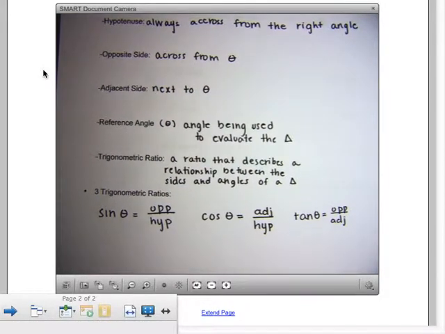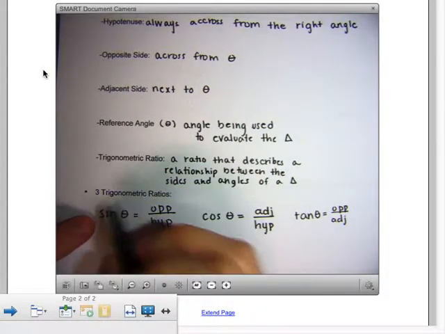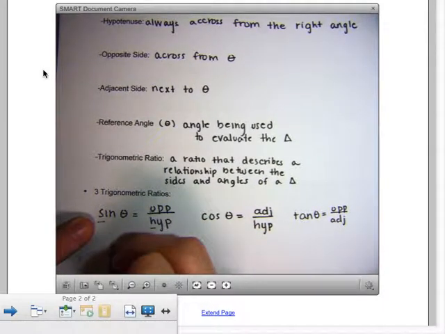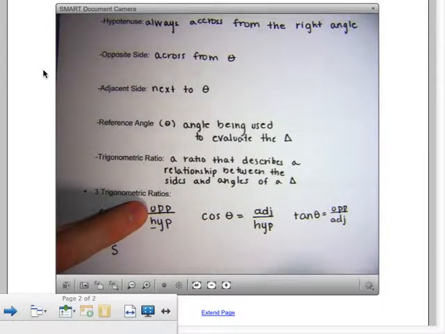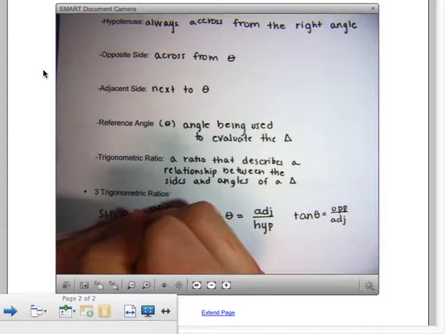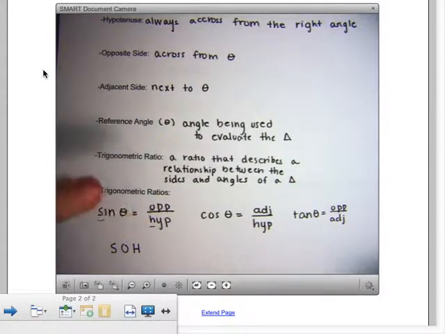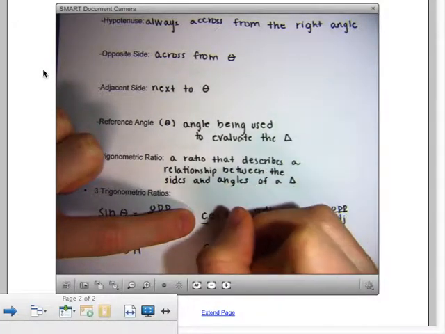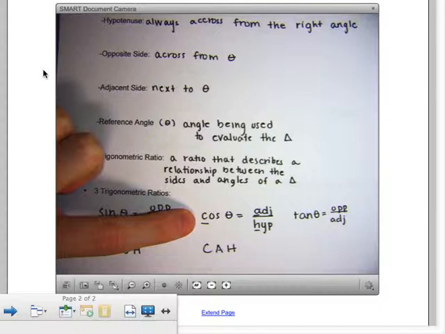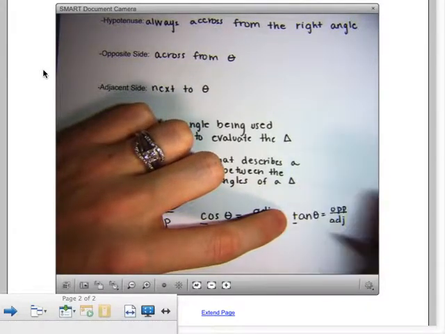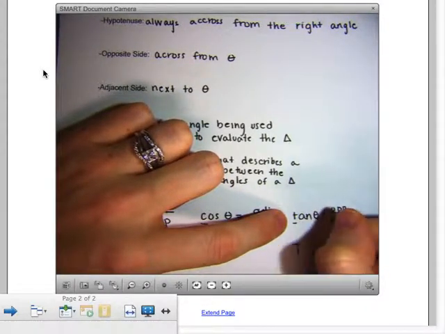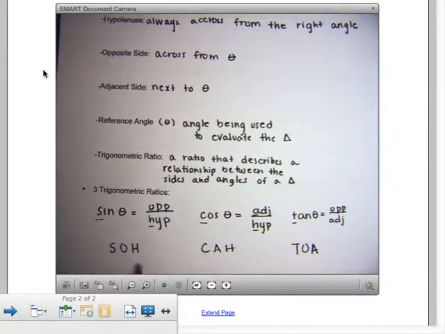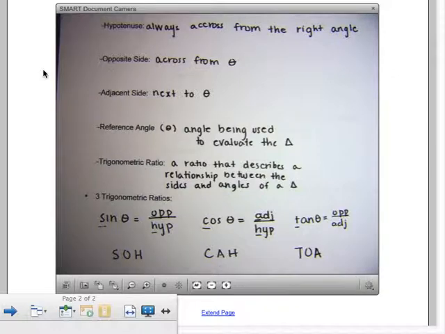Okay, a way to remember them. So if we look at sine, let's just look at the first letter of each part. So sine, we have S. First letter up here is O, H. So for cosine, the first letter is C, and then we have A and H. And down here for tangent, we have T and then O and A. So a little acronym that a lot of people use is called SOHCAHTOA.